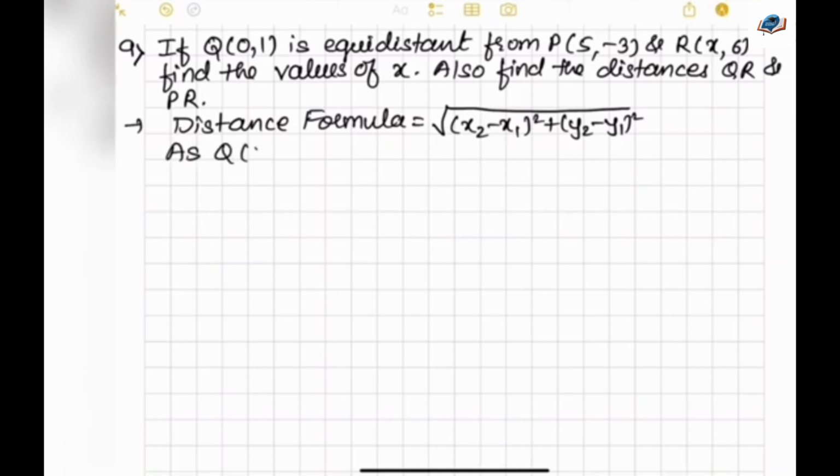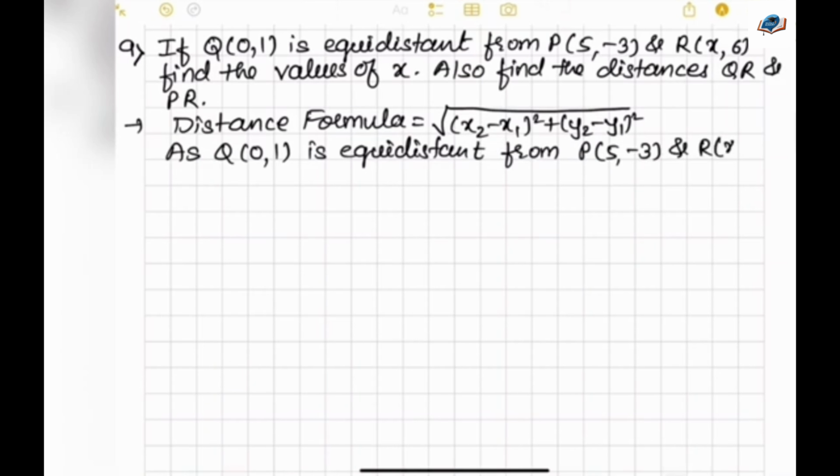Now, as Q(0, 1) is equidistant from P(5, -3) and R(x, 6), therefore PQ equal to QR.